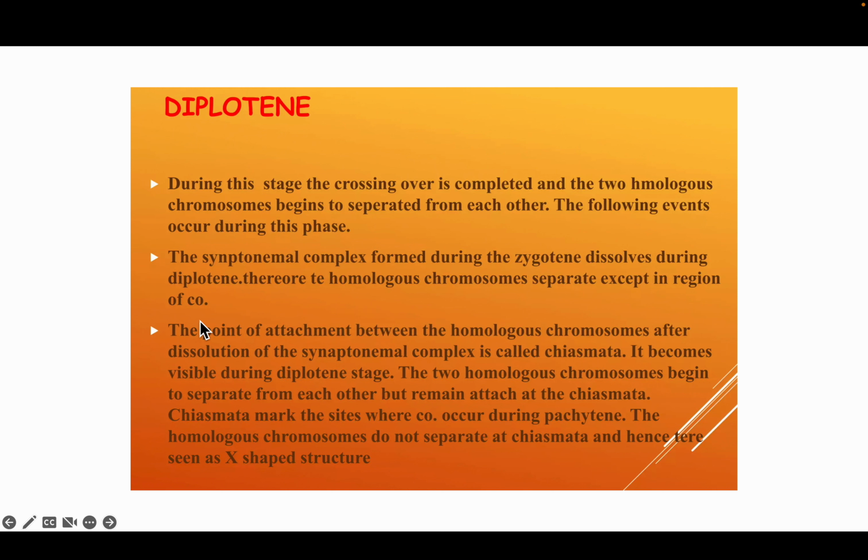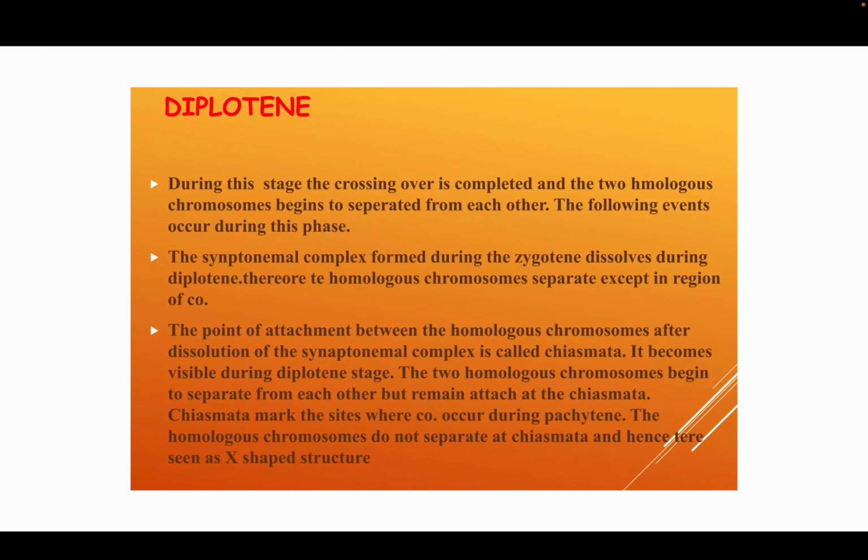Now in diplotene, what happens? When we are done with the crossing over, what will happen? The two homologous chromosomes begin to separate, and the synaptonemal complex which was holding them together will start dissolving. The point of attachment between the homologous chromosomes after dissolution of the synaptonemal complex is called chiasmata.